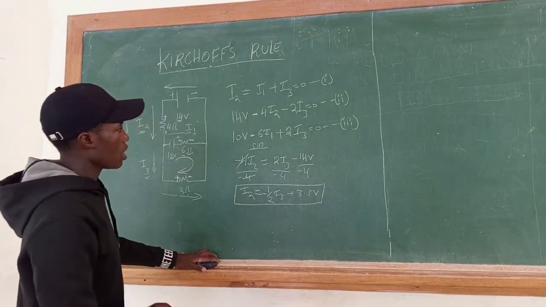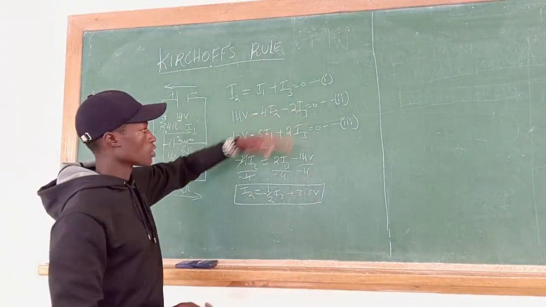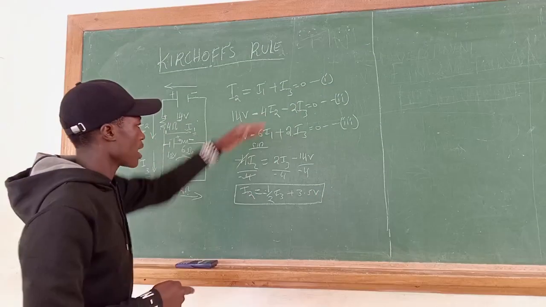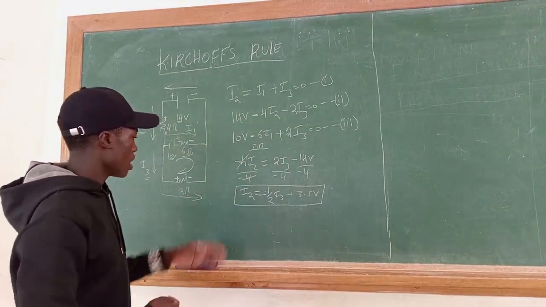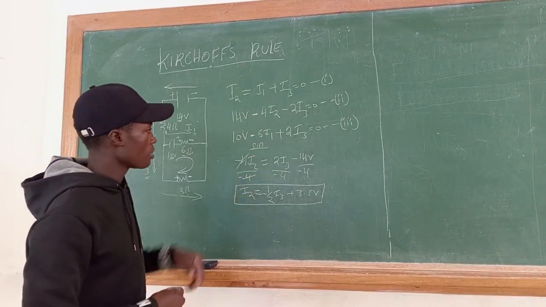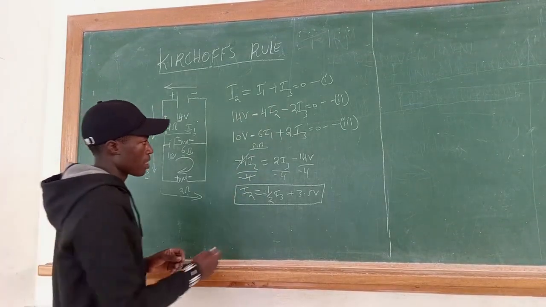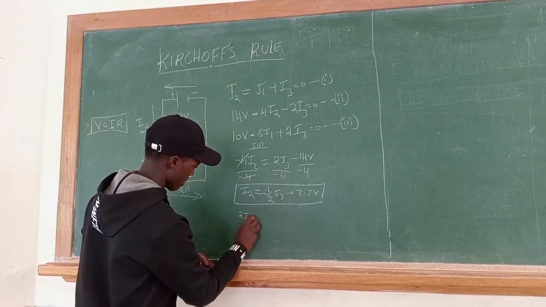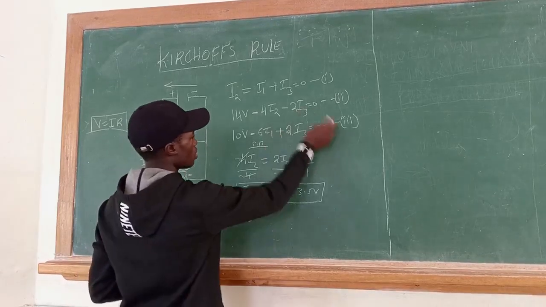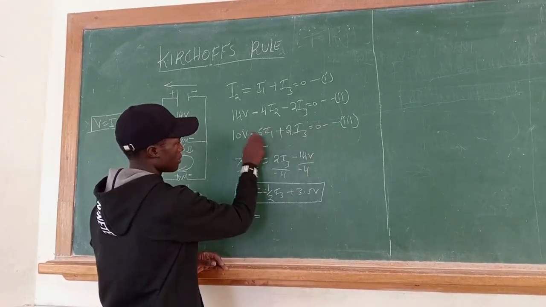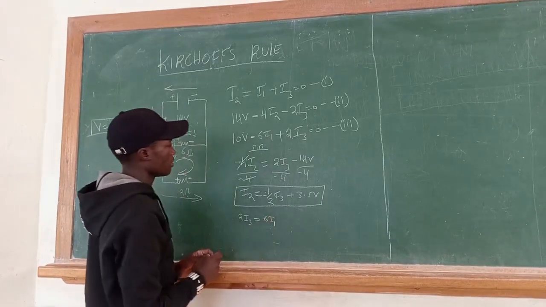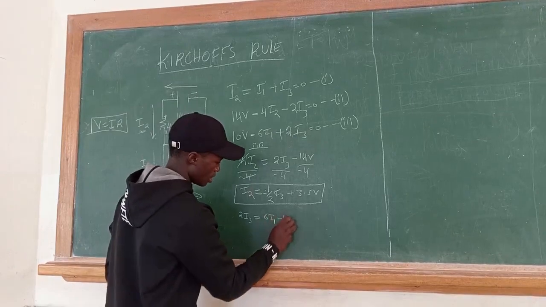So I'm now going to use equation 3 because I did equation 2 to make I2 the subject. You can make any. I'm just choosing to make I2. You can just make I3. So in the next equation, I'm going to make I3 the subject of the formula. So 2I3 equals, so when this negative 6I1 is now positive, then minus 10 volt.